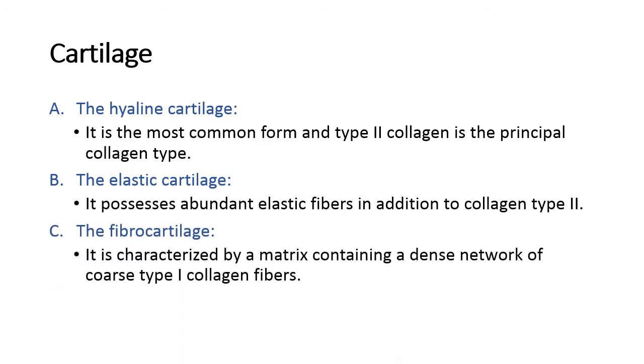The third form is the fibrocartilage, and it's characterized by a matrix containing a dense network of coarse type 1 collagen fibers. So the fibrocartilage differs from the previous two in that it contains dense coarse fibers of type 1 collagen.